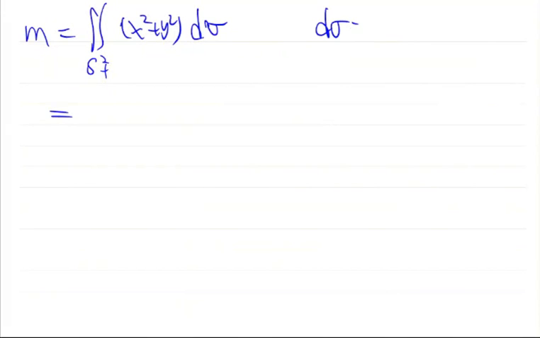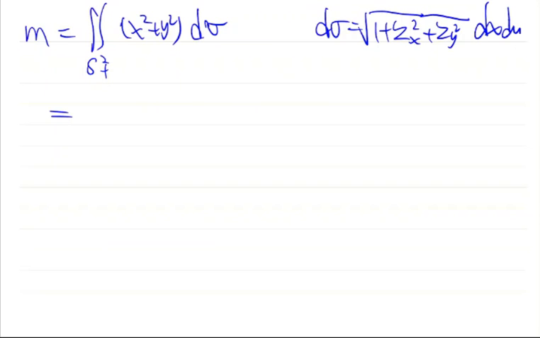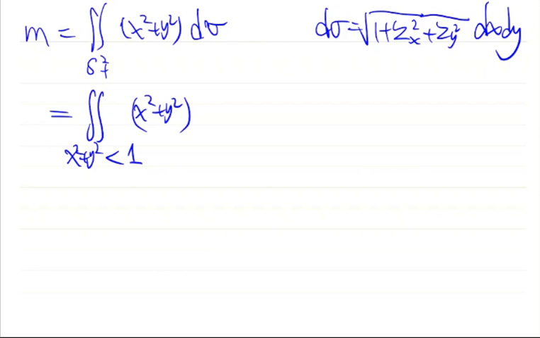Because d sigma is the square root of 1 plus z_x squared plus z_y squared dx dy, this integral can be converted to a double integral of f(x, y, z), but our function does not depend on z.